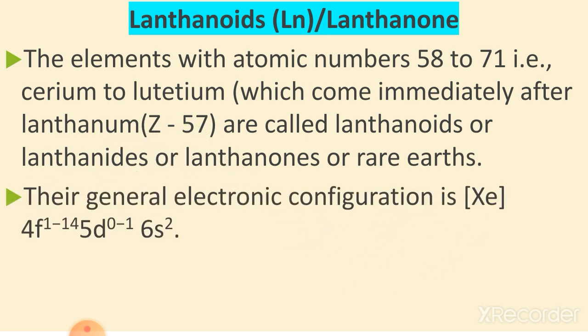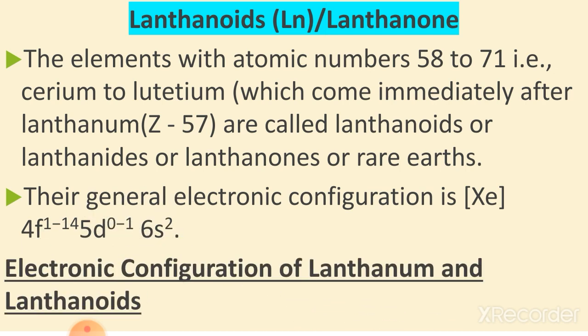Now dear students, the general electronic configuration of lanthanoids is given here: xenon having atomic number 54. After that you have to write the electronic configuration like this: 4f 1 to 14 electrons, then 5d 0 to 1 and 6s2. So this is the general electronic configuration of lanthanoids.